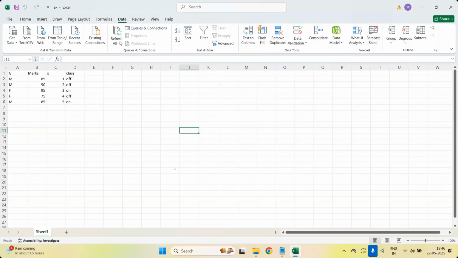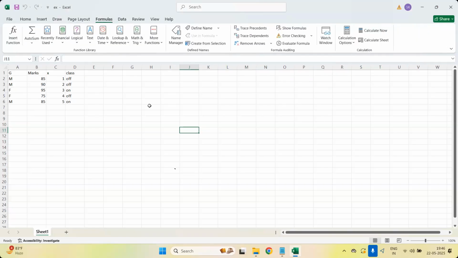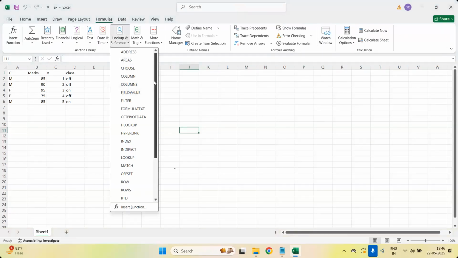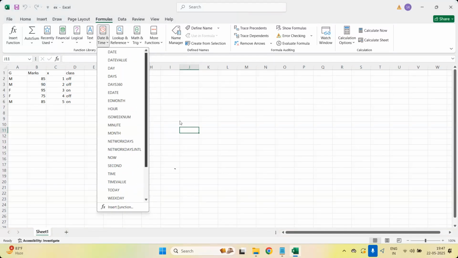Finally, we have some formulas, and we are going to apply some functions. Formulas means nothing but functions: average function, min and max function, and lookup function. These are all different types of functions, and almost all these functions will be similar. All these are functions only.